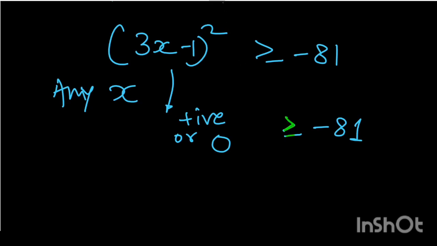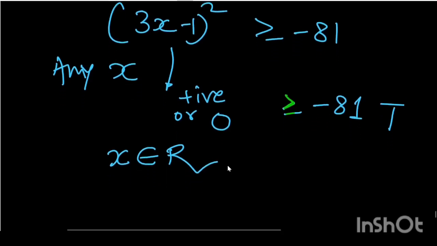Equal to won't be satisfied, doesn't matter. So we can say that this is true for any value of x. This is an identity, x belongs to R, valid for all x belonging to R.